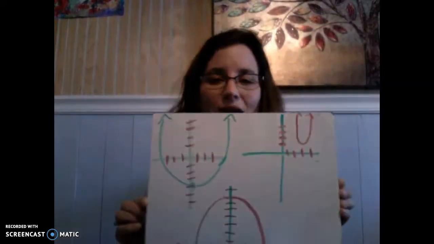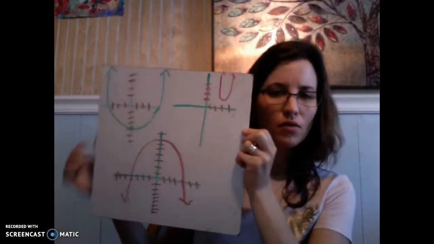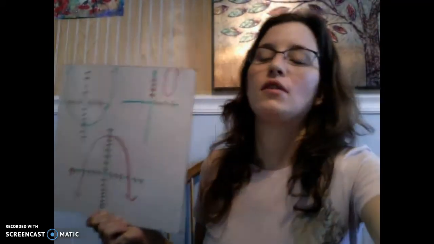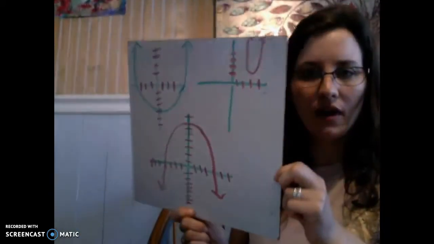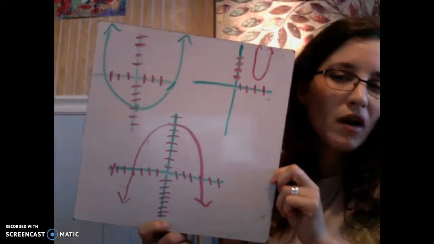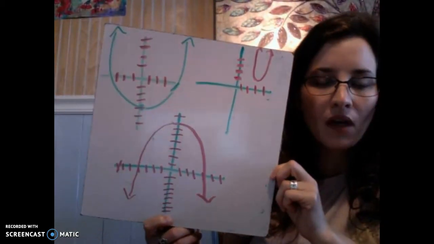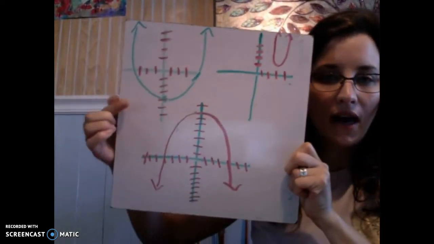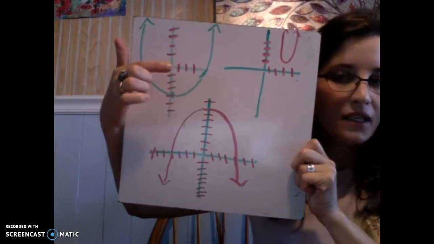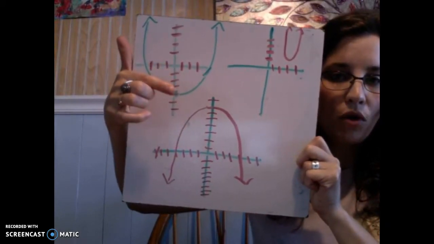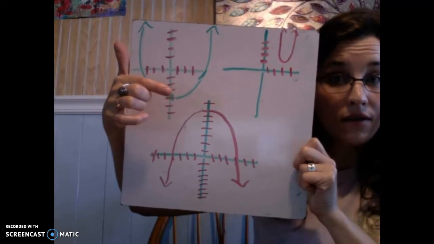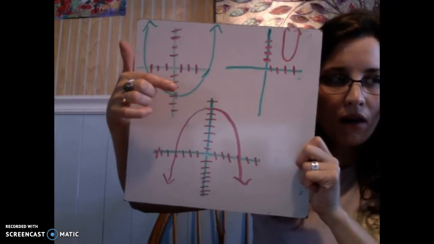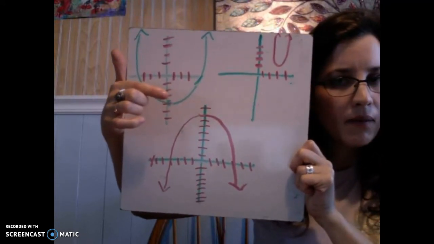Now I want to dissect. What do I know about each of these graphs? So for instance, what I'm looking for is, first, let's identify what is the vertex. Well, the vertex for this guy is 0, because it did not go left or right, negative 4. The vertex is 0, negative 4. Well, is it a maximum or a minimum?